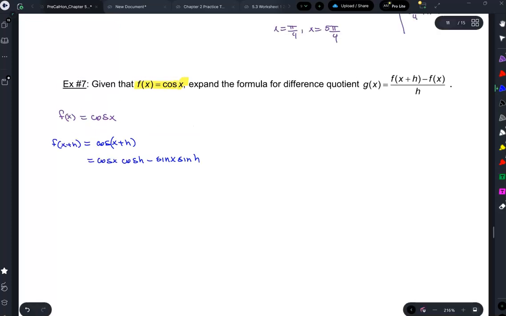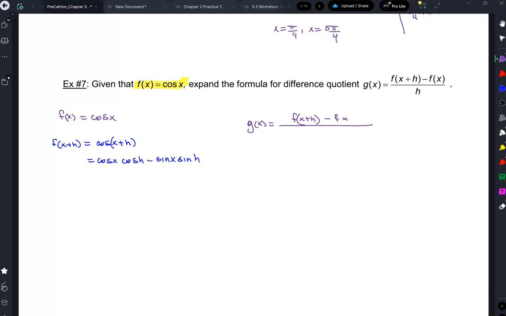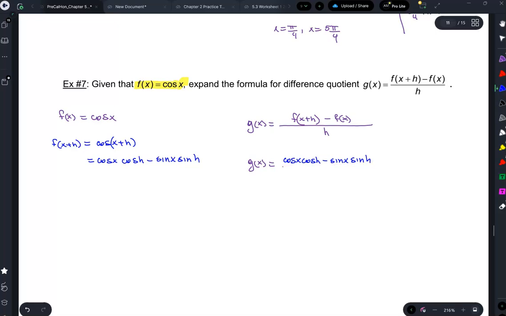So now, to build this quotient, g of x is f of x plus h minus f of x, over h. So g of x is, well, f of x plus h is this. Minus what?